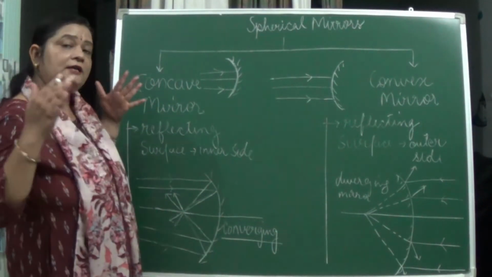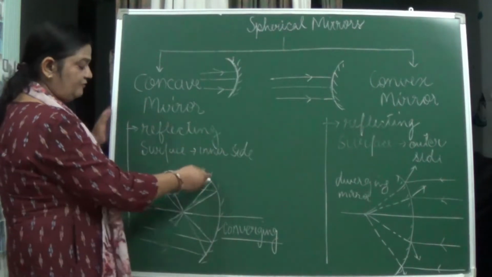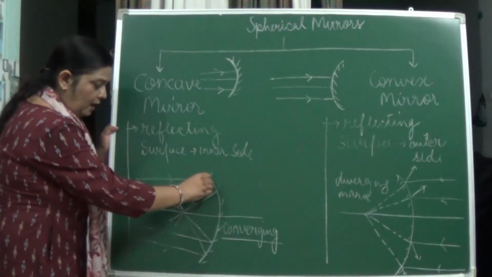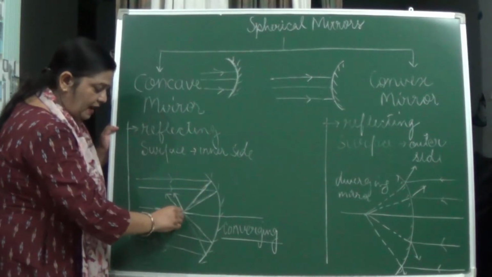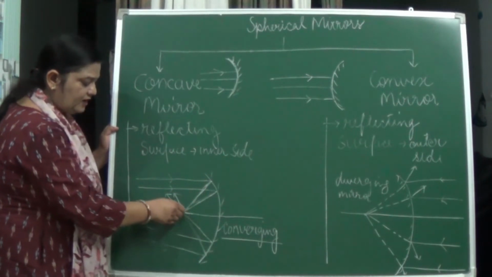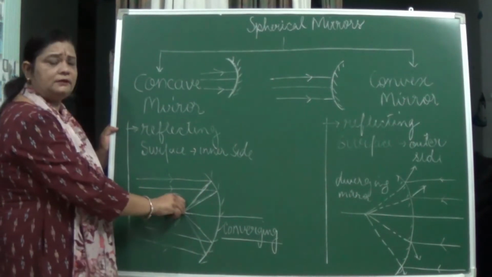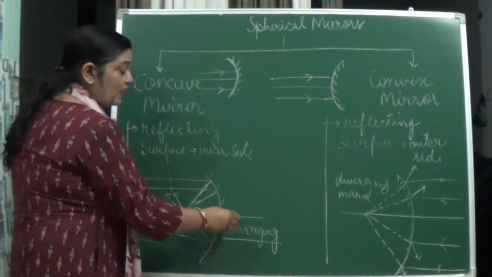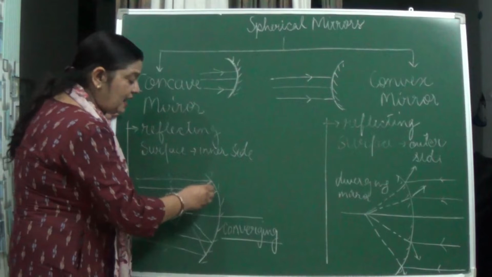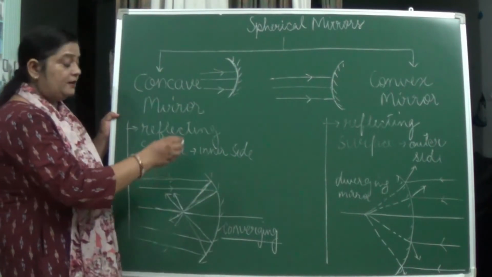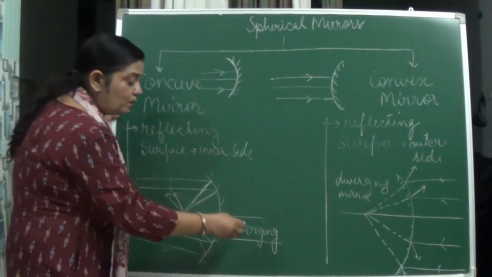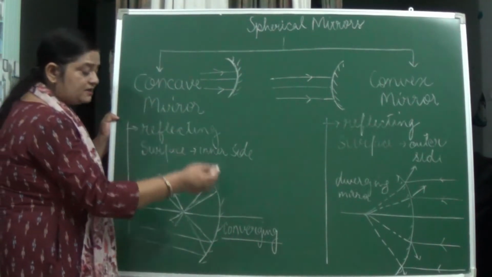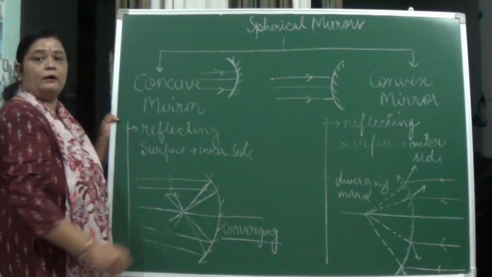The light rays are converging after reflection. They fall on the mirror, reflect back, and meet at a point. So they are converging actually, and as the rays converge after reflection, this concave mirror is known as a converging mirror.